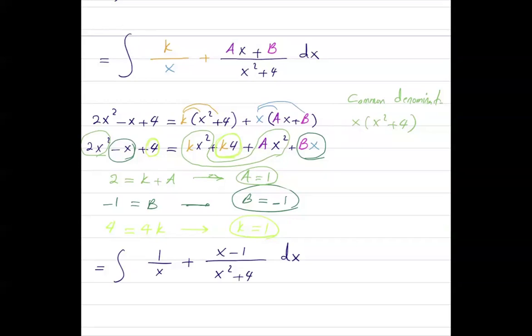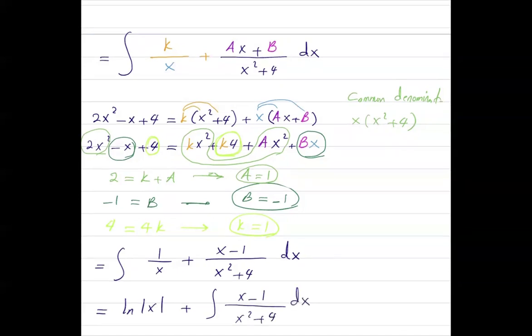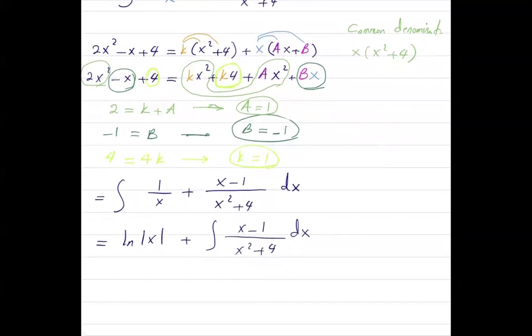Calculating the very first integral is not that difficult. You have the integral of 1 divided by x, which is ln of the absolute value of x. But for the second integral, (x minus 1) divided by (x squared plus 4) dx, what should we do? Well, this integral can be separated into two integrals.